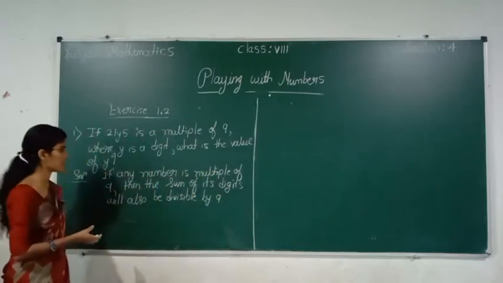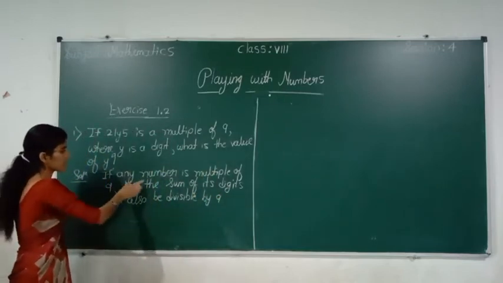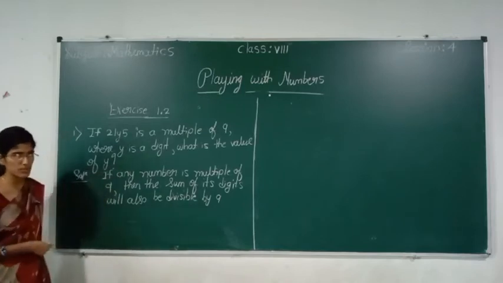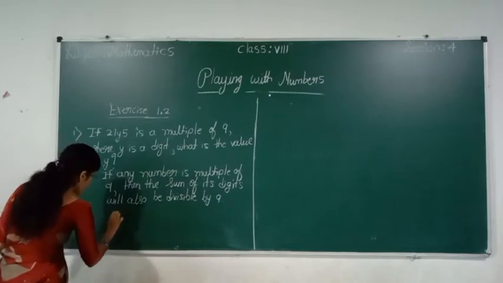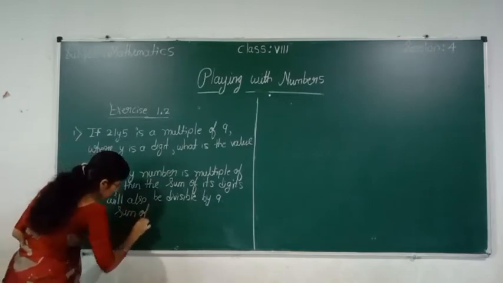If any number they are given is a multiple of 9, definitely then the sum of its digits will also be divisible by 9.